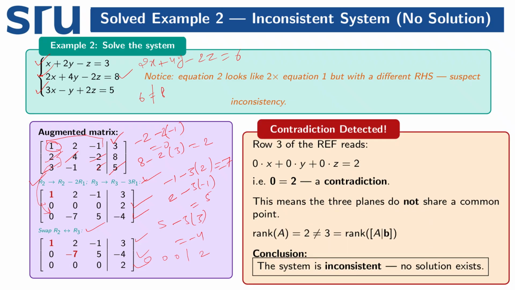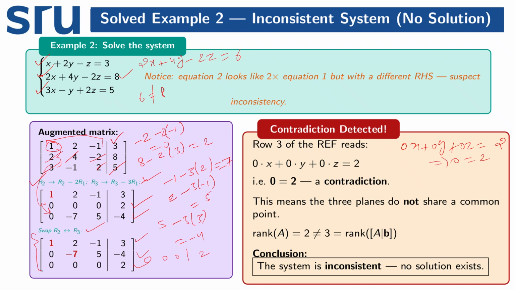Now, look at the third row very carefully in this last matrix. You can write it as 0 into x plus 0 into y plus 0 into z equal to 2. That is giving you 0 equal to 2 actually.